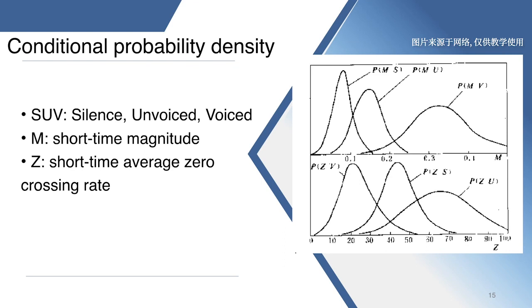The short-time zero crossing rate of unvoiced sounds is the largest, silence is in the center, and that of voiced sounds is the smallest. The probability distributions have overlapping parts, which means there will be misclassification for mixed types of signals.